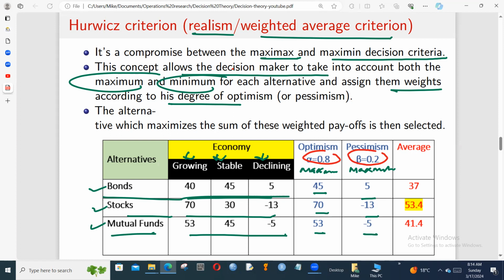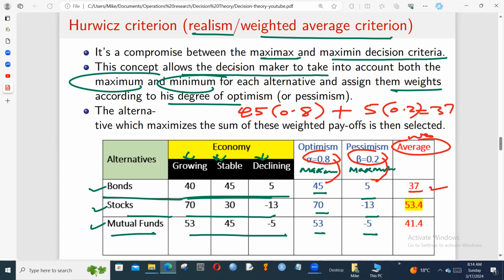Then he uses that to get what we are calling the weighted average. And so how are they getting 37? 37 is obtained by 0.8 times 45 plus 0.2 times 5. So if I have 45 times 0.8, then plus 5 times 0.2, that's what is giving us 37.